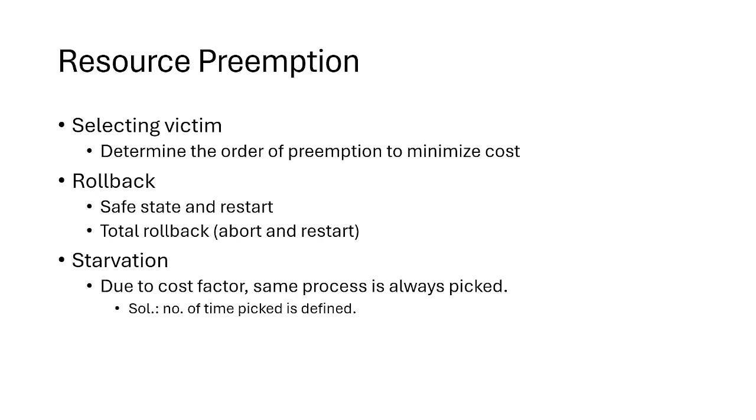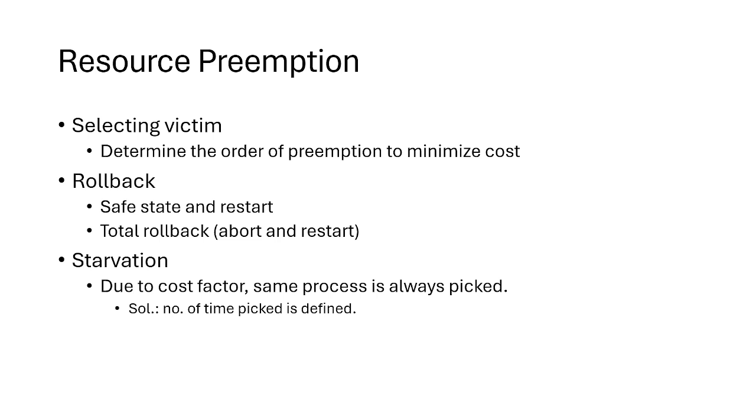The cost factors may include parameters such as the number of resources a deadlocked process is holding. The process holding the highest number of resources can be selected as a victim, because it increases the cost otherwise. To minimize the cost, we select that process and make it release its resources, so we get a high number of resources.